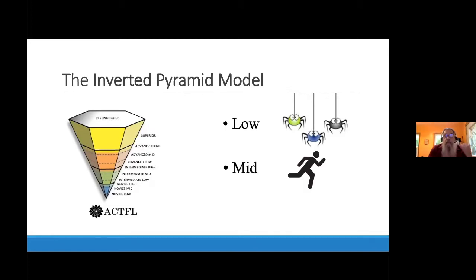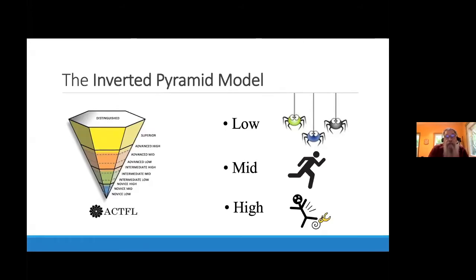The mid sublevel, you've got a solid command of the structures and the functions and the skills of your level, and you can go along with fluidity and with ease, and are able to function within the context of the level you're in, within that world.